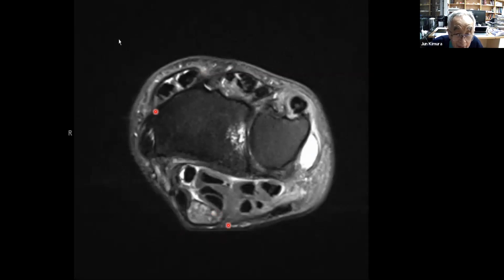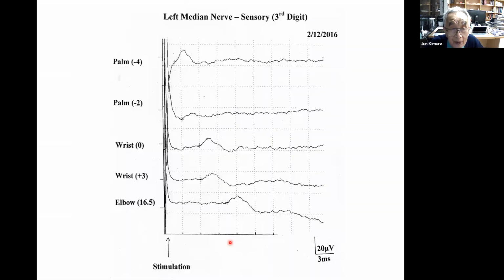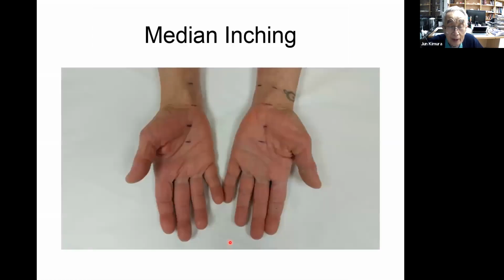And this is the cyst they are talking about on one side, and this is the cyst on the other side. If you look at this very carefully, this is where the median nerve is. And so the cyst is the median nerve itself. The diagnosis is that this patient has a carpal tunnel entrapment here, and this cyst is a hypertrophic median nerve.